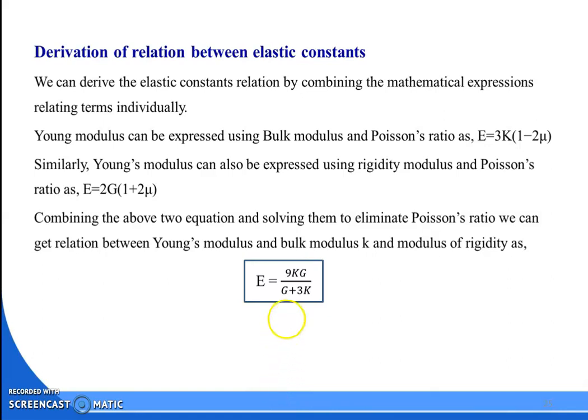Now the derivation of the relation between elastic constants. We can derive the elastic constant relation by combining the mathematical expressions relating the terms individually. As I told before, Young's modulus has two formulas.